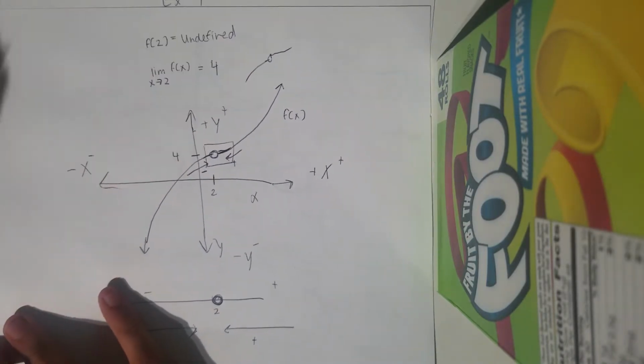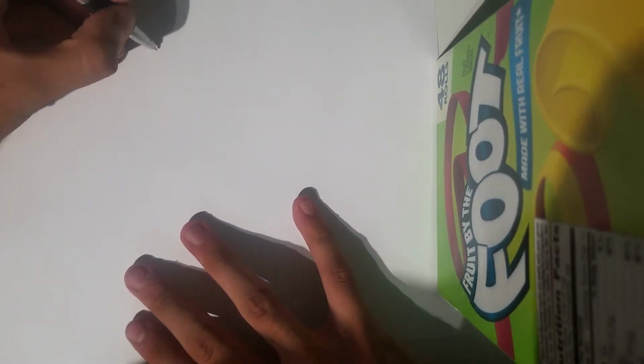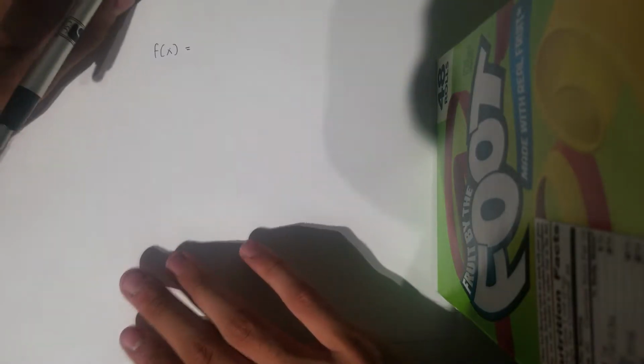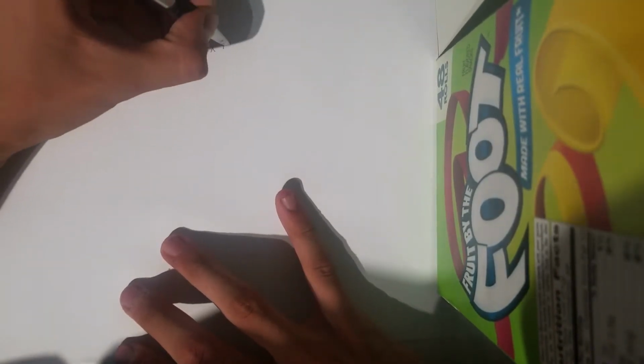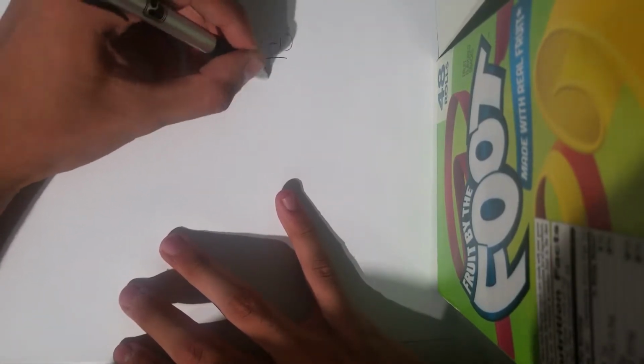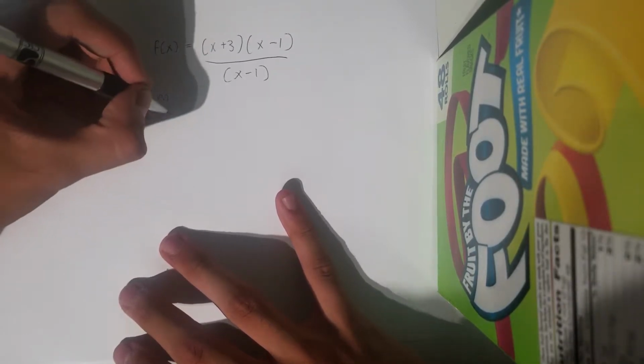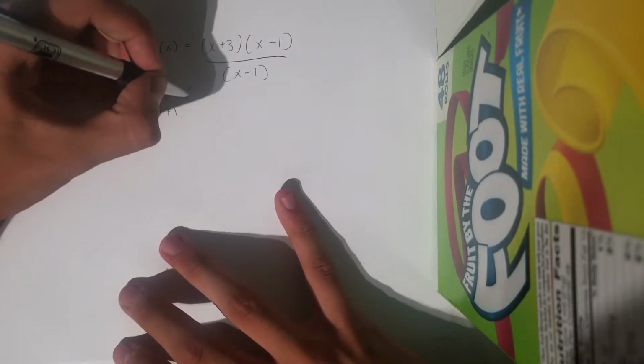So pretend we add another example, and we'll solve this one through a form of methods of finding limits. So f of x is equal to, well, let's think of something difficult. Okay, x plus 3 over x minus 1, and you want to find the limit as x approaches positive 1 of f of x.